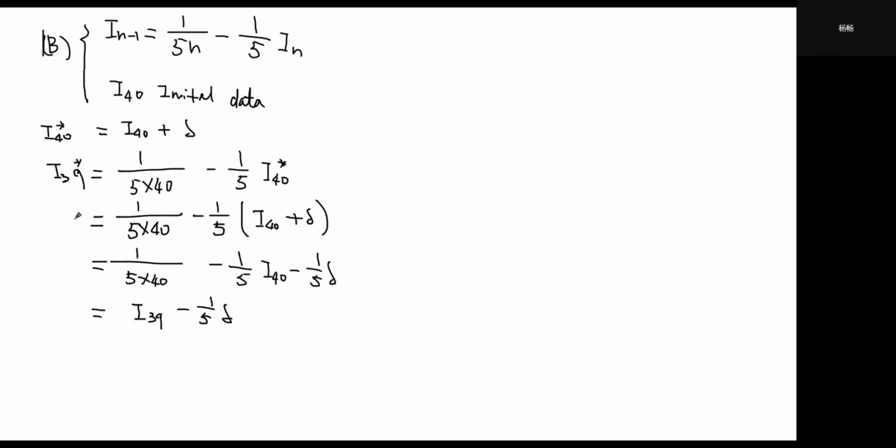So you get the difference between the approximated I39 star and I39 is minus 1/5 delta. So you can continue. I38 star is equal to 1/5 times 1/39 minus 1/5 I39 star.